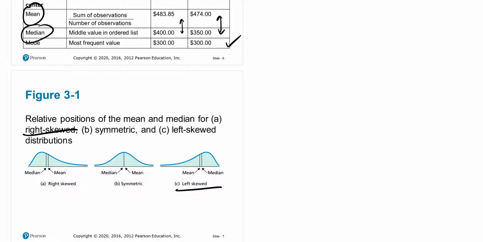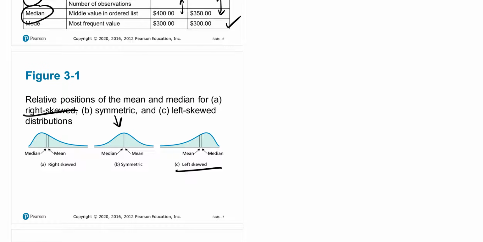If you get a way smaller value, then the mean changes and goes more toward the left. So the smaller you make the number, the smaller the mean. The larger the number, the larger the mean. If it's symmetric, then the mean and median are almost the same. Here it shows they're the same, but in statistics we say almost the same. That's what we call a symmetric graph. It's a bell shape.